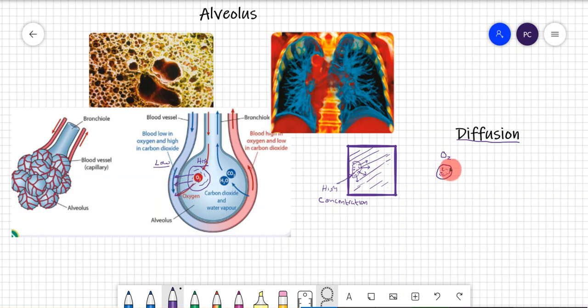So again, imagine this is oxygen that's concentrated in this space. What's going to happen is it's going to spread out, moving into these areas here where there's a low concentration.